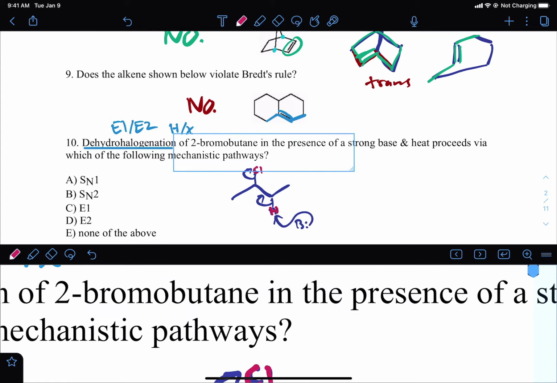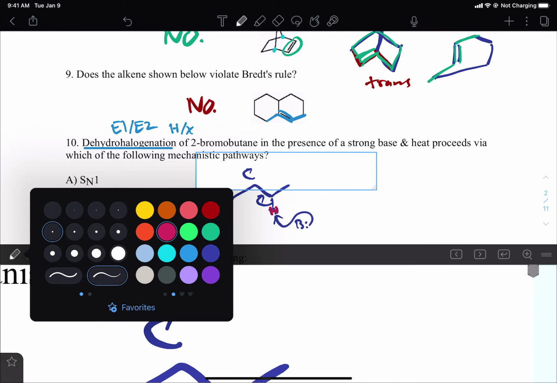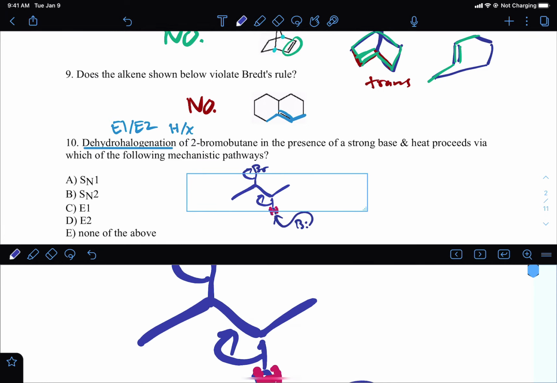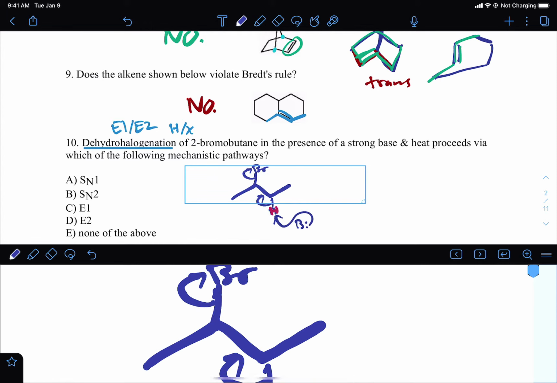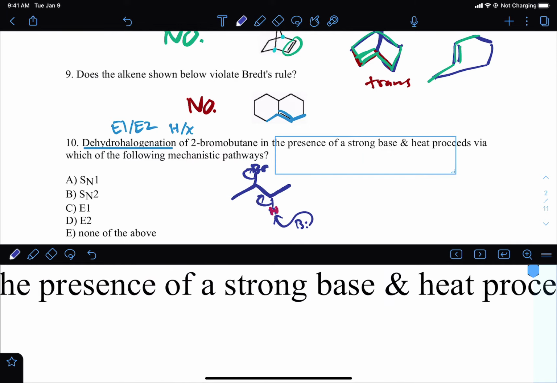Okay, so actually 2-bromobutane. Let's simply replace this with a bromine. Okay, so dehydrohalogenation of 2-bromobutane. Again, you want to know that name. 4-carbon chain is butane with a bromine on the second carbon. In the presence of a strong base and heat.